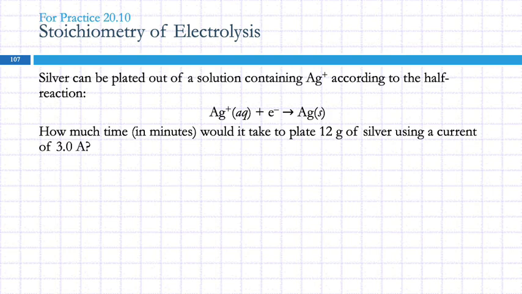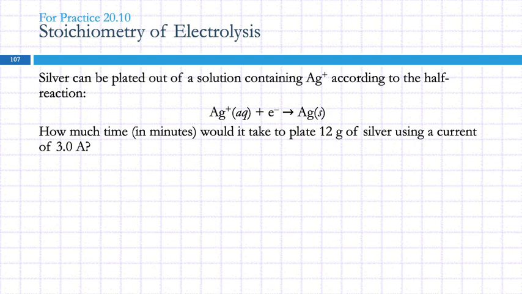So there might be a question like this on the next exam. Not the one today, of course. So we can plate silver according to this half reaction, and this is asking how much time in minutes would it take to plate 12 grams of silver using a current of 3 amps.